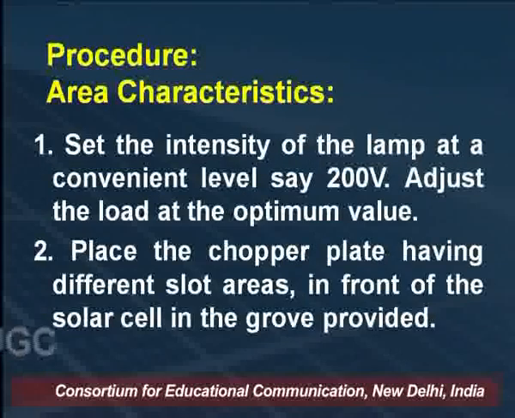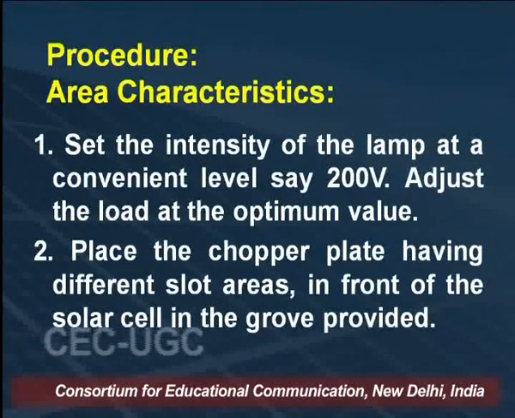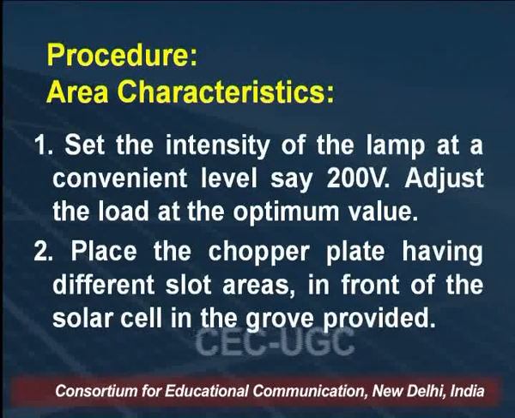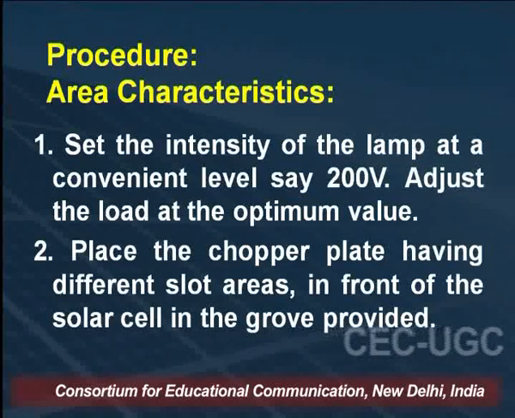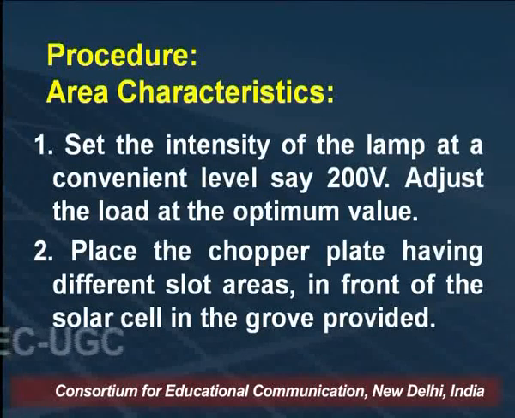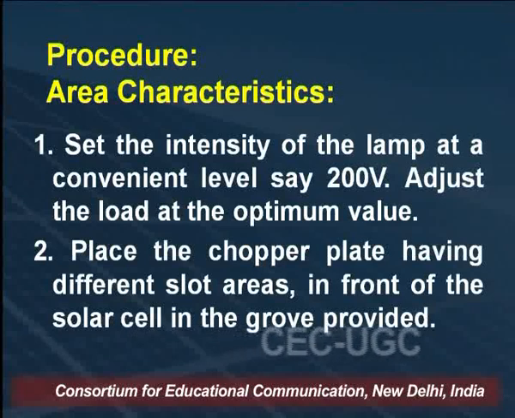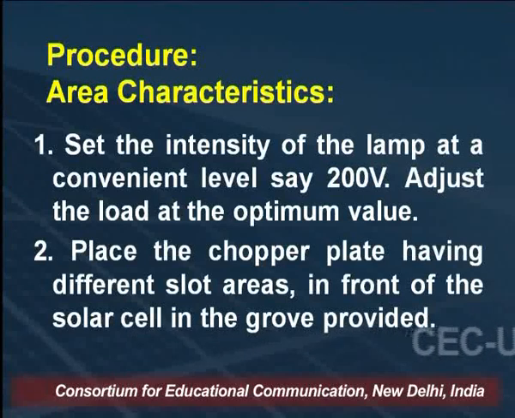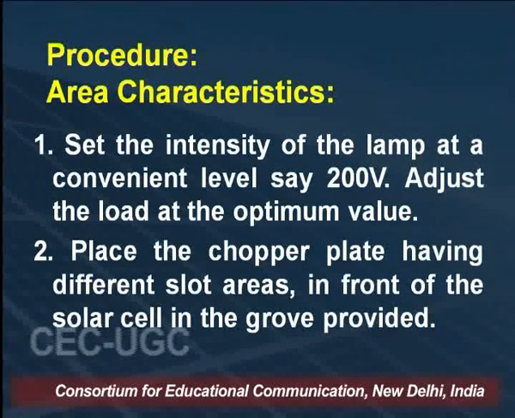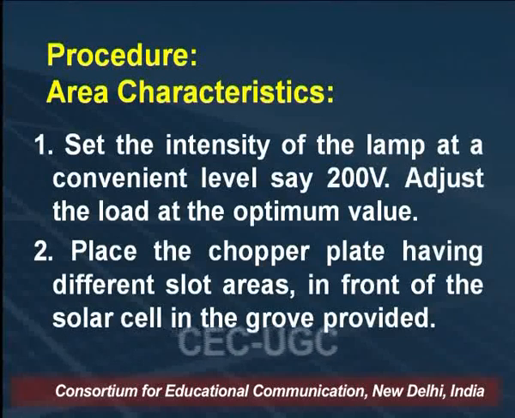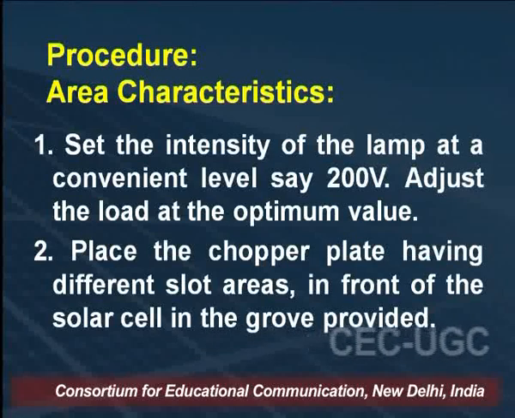So how will we get the area characteristics? What is the procedure? First step, set the intensity of the lamp at a convenient level. We can say 200 volt is better to get the area characteristics. Adjust the load at the optimal value. Then we place a chopper plate having different slot areas in front of the solar cell in the groove provided.